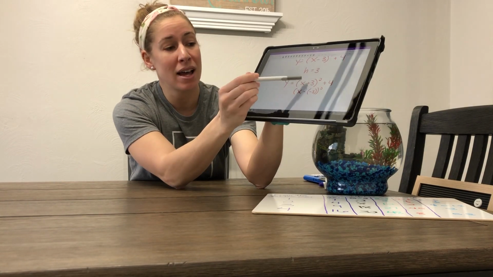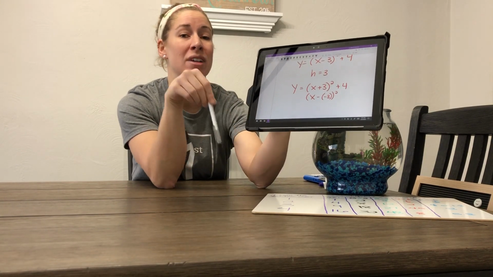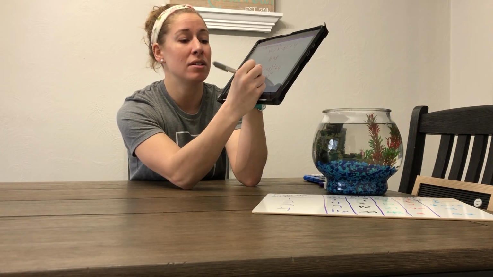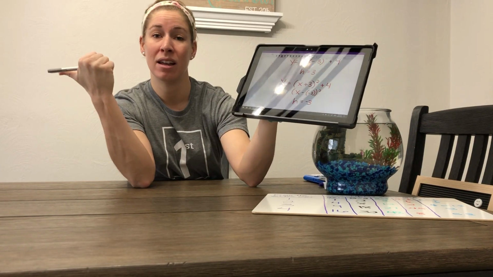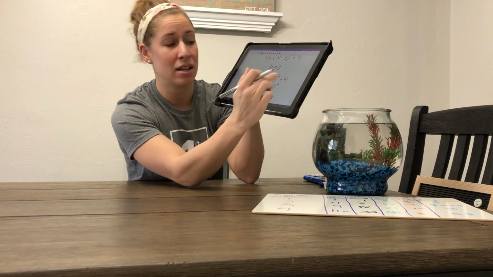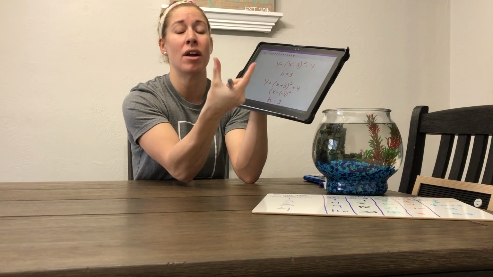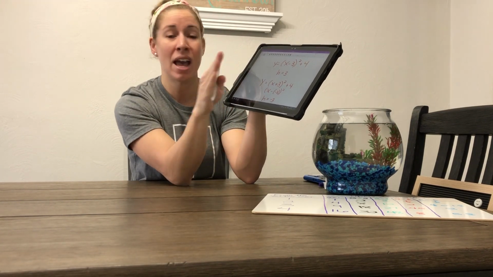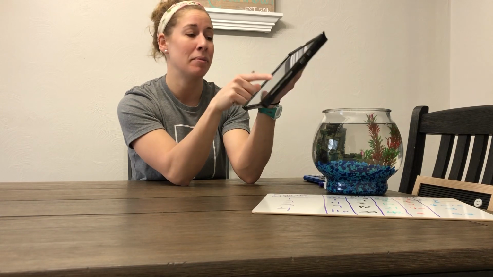So that plus sign means that your original h value is actually a negative. So it would be shifting 3 units to the left instead. So h is opposite. K, however, it is what it is. If this is a plus 4, you're shifting the graph 4 units up. Plus 4, shifting the graph 4 units up. K, it is what it is, but h is opposite.